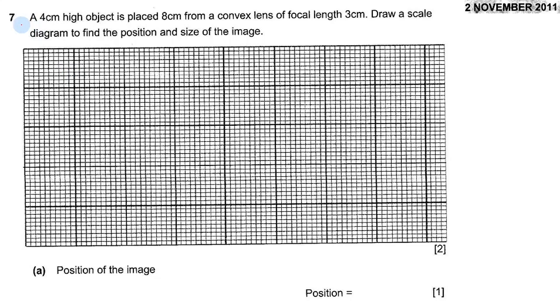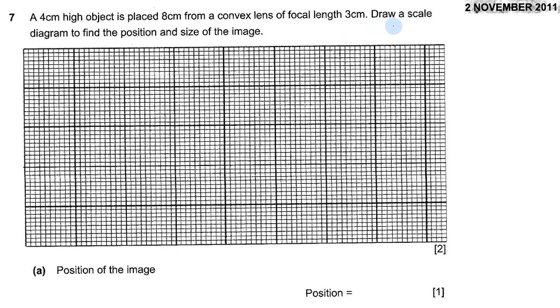Then we move here. The same here. This is coming from light. This was written in 2011, on the 2nd of November. They're saying a 4 centimeter high object is placed 8 centimeters from a convex lens of focal length 3 centimeters.